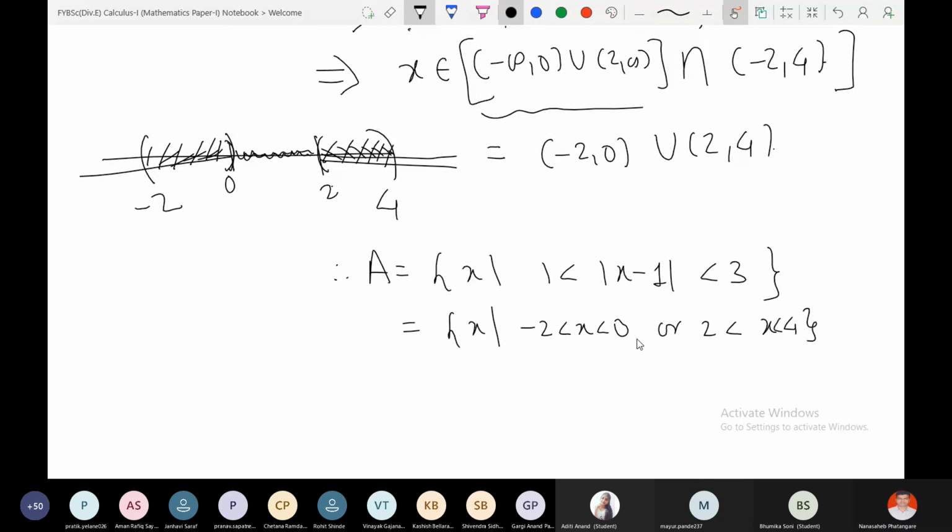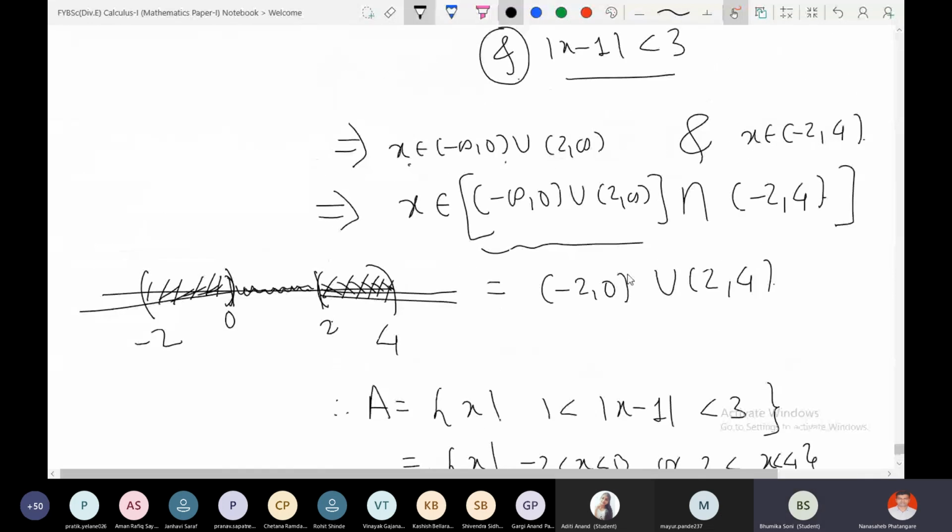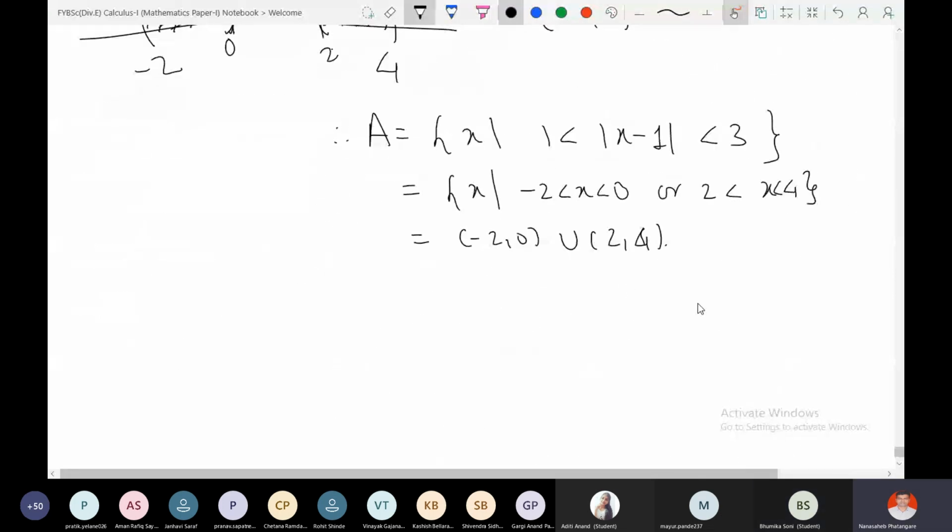Basically this is minus 2 to 0 union 2 to 4. Right. So how did we determine this set? We determined this set because we used the previous inequalities.